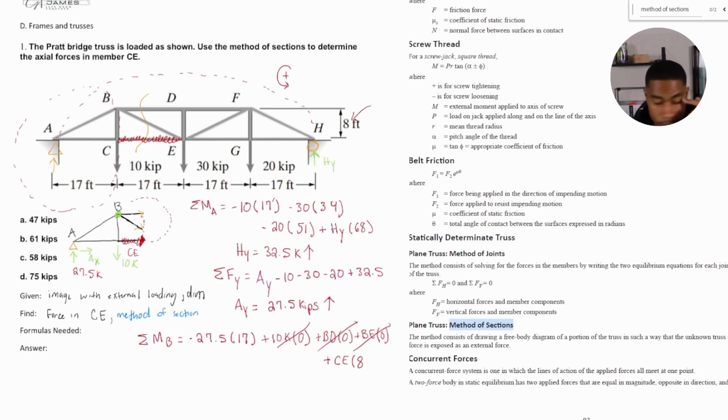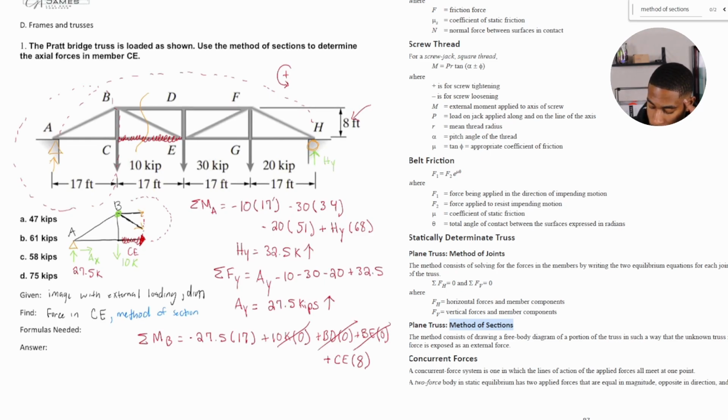That's where I'm getting that number from. All right. So now for CE, what that breaks down to, CE is equal to 58.43 kips. All right. So we get C.